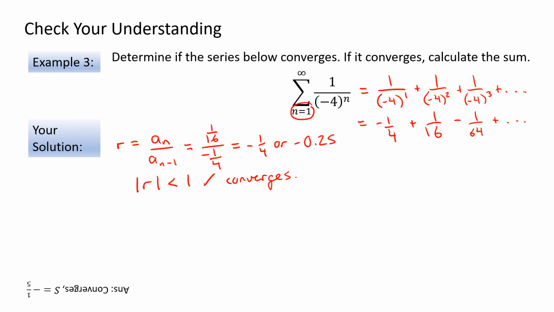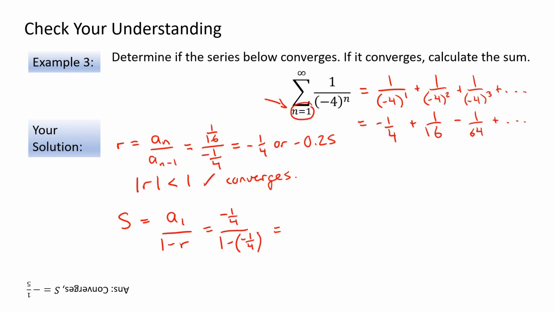Right? To calculate our sum is equal to our first term, which is a1 in this case, not a0. Remember, because our sum started at n equals 1, divided by 1 minus our ratio. So in this case, our first term is -1 over 4, and it's divided by 1 minus our ratio, which is -1 over 4.